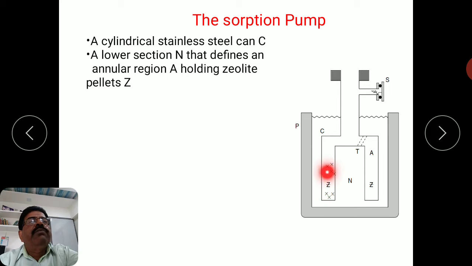So these are the zeolite pellets represented by the letter Z.